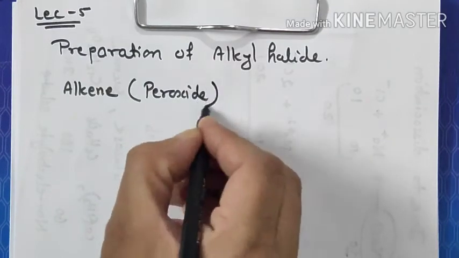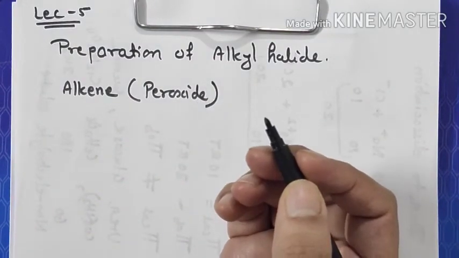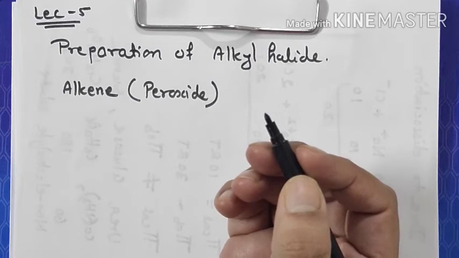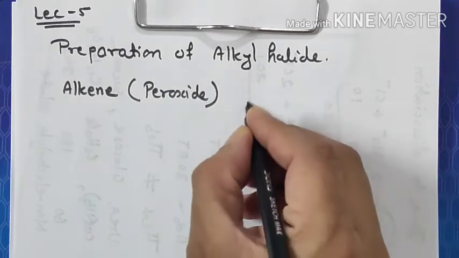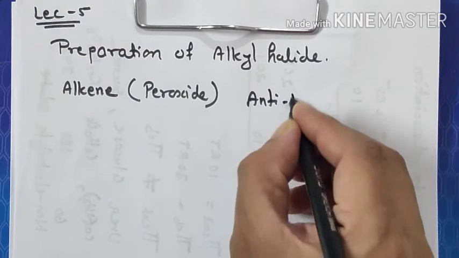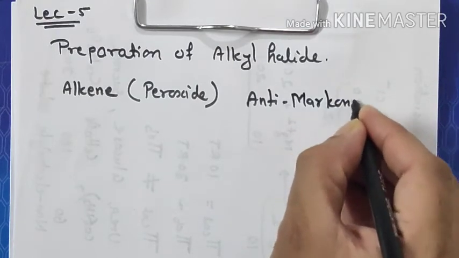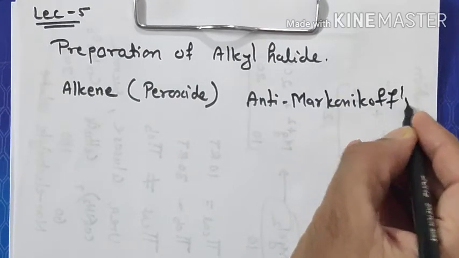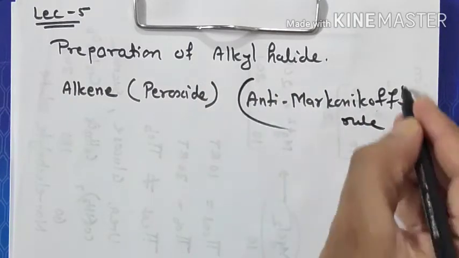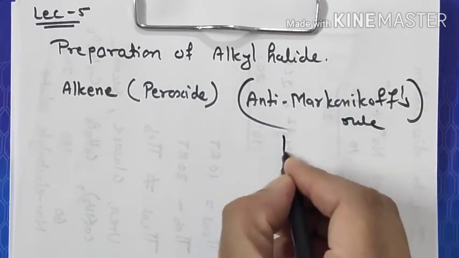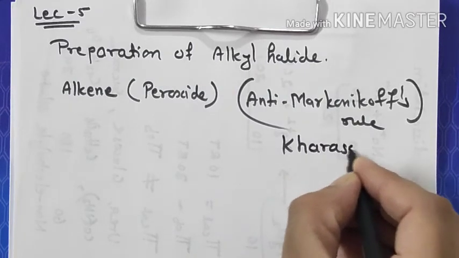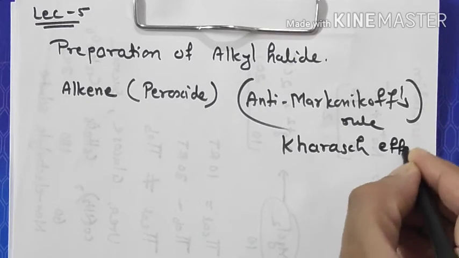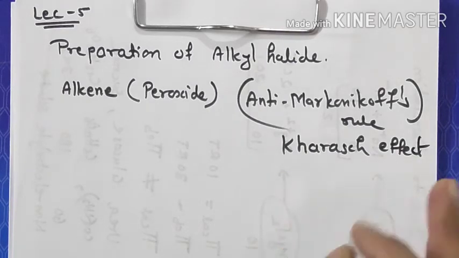It is also called the peroxide effect, the Kharasch effect, the Kharasch-Mayo effect, or the anti-Markovnikov rule. Anti-Markovnikov's rule, or Kharasch, K-H-A-R-A-S-C-H, effect or Kharasch-Mayo effect.